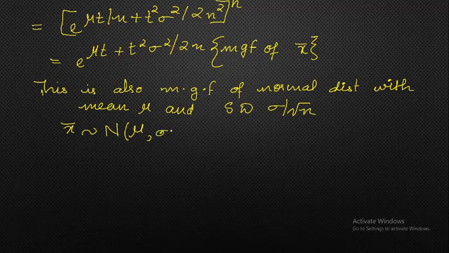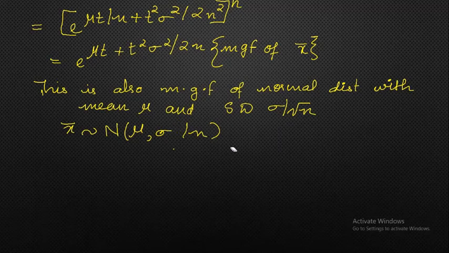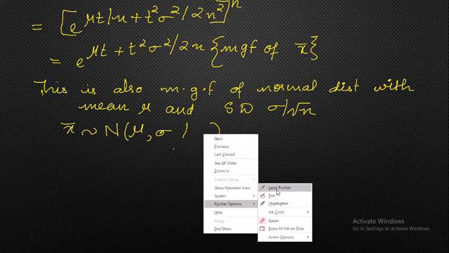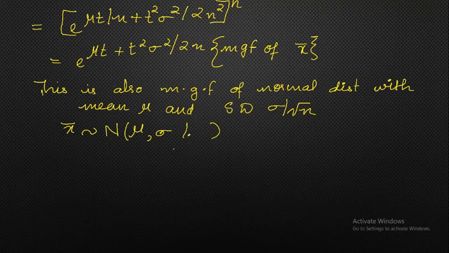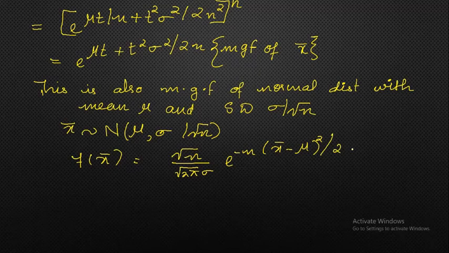Then f of x bar is equal to root n divided by root 2 pi sigma, e raised to minus n times (x bar minus mu) whole square divided by 2 sigma square, where x bar lies between minus infinity and plus infinity.